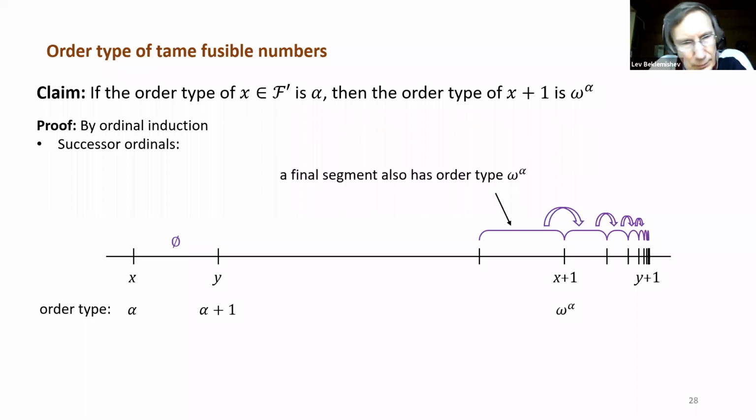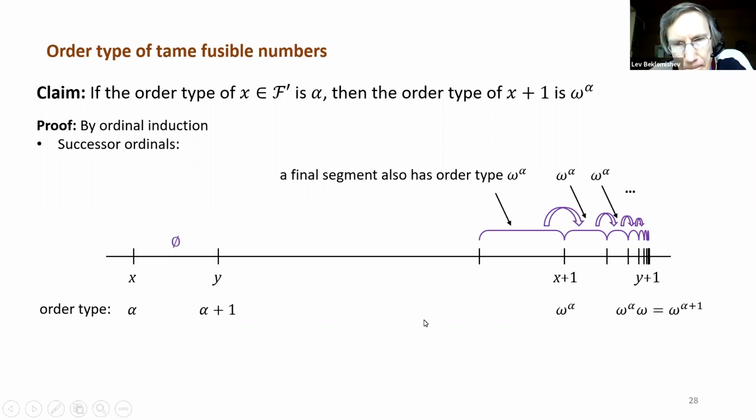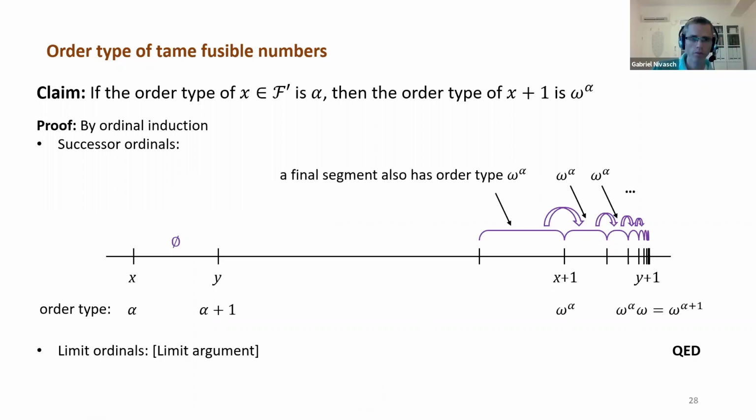So what we do is we take this final segment and copy it infinitely many times, and this final segment also has order type omega to the alpha. And you copy it again and again and again, so you get omega to the alpha times omega, which is exactly omega to the alpha plus 1. So that's basically the proof. For limit ordinals, you do a limit argument, and that's it.